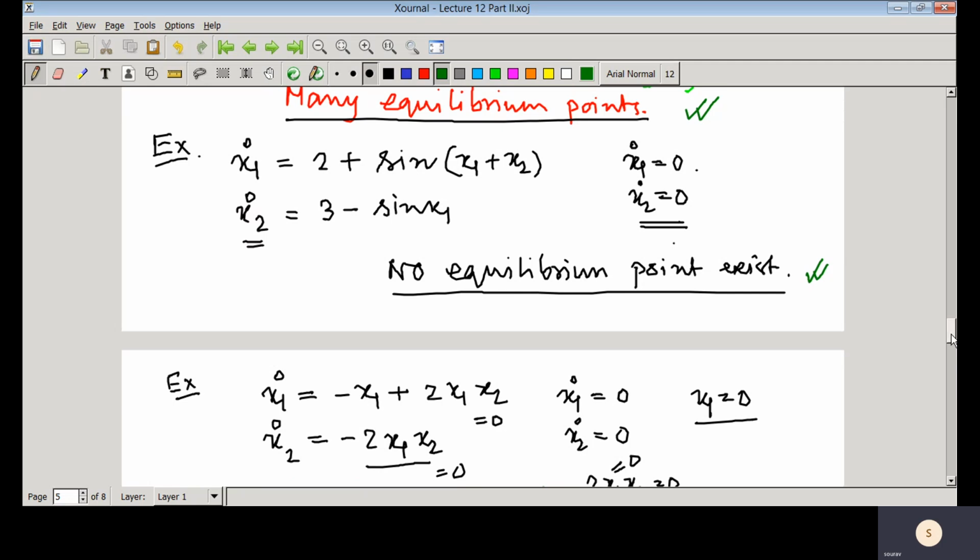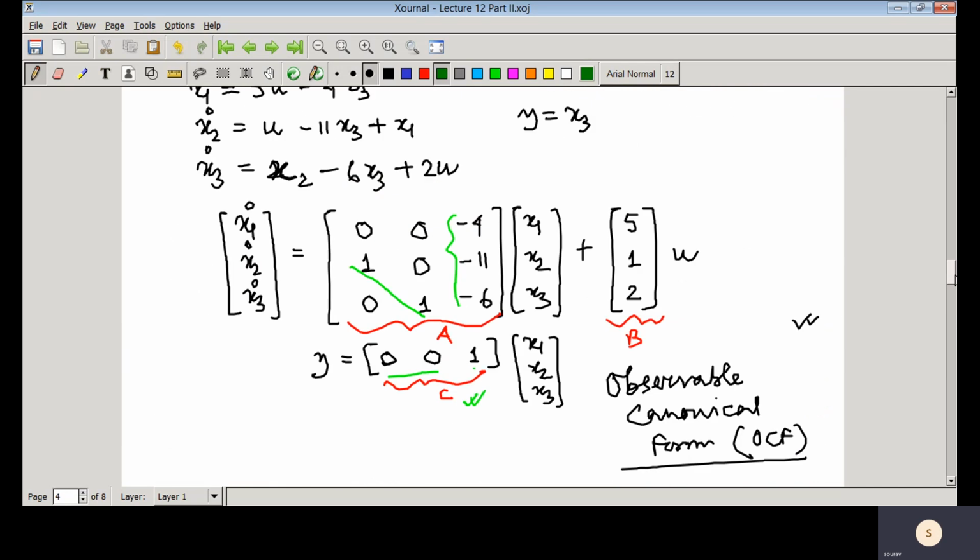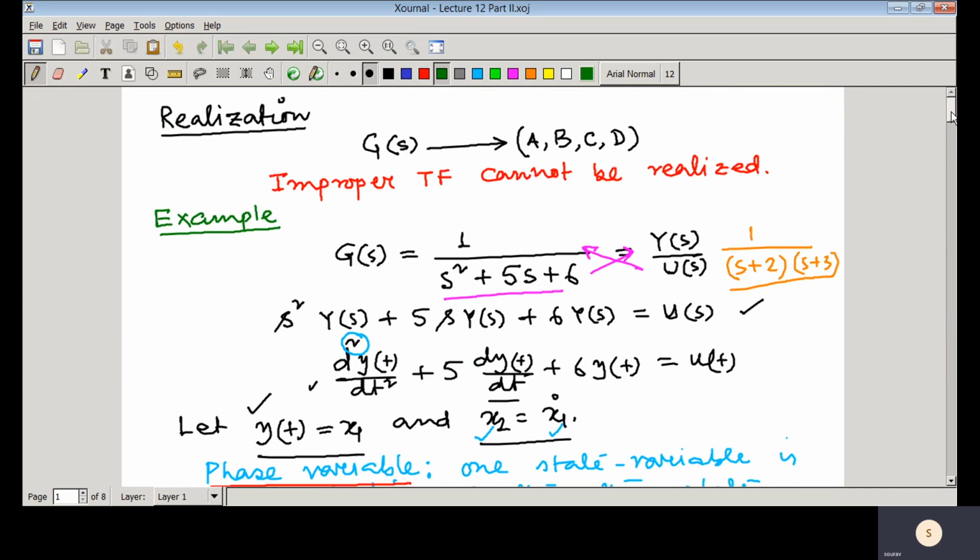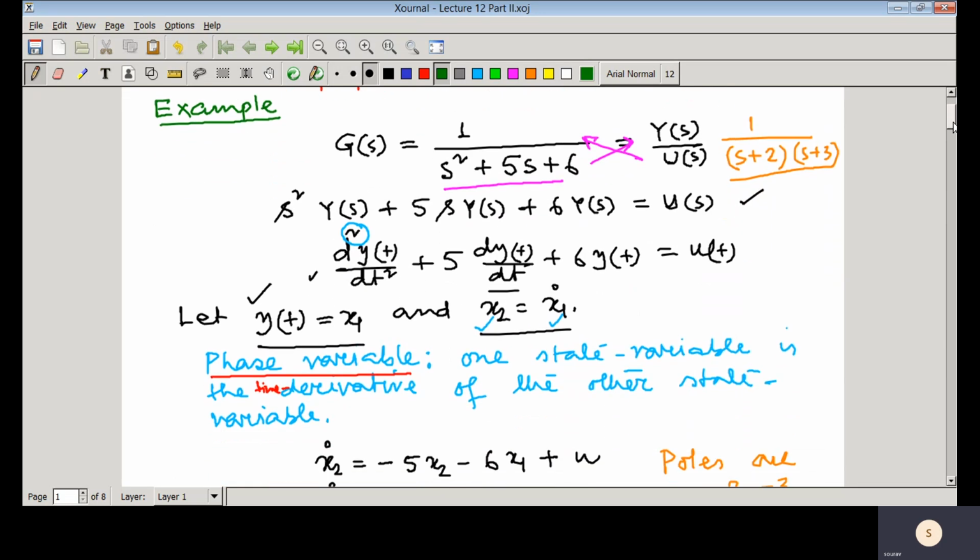So let us see what we have discussed today. In this particular lecture part, we started with realization. Realization means a transfer function is given and we have to find some state space, and an improper transfer function cannot be realized.